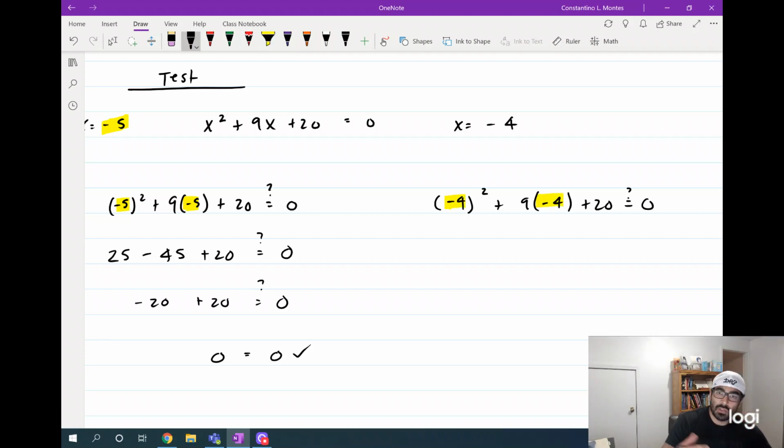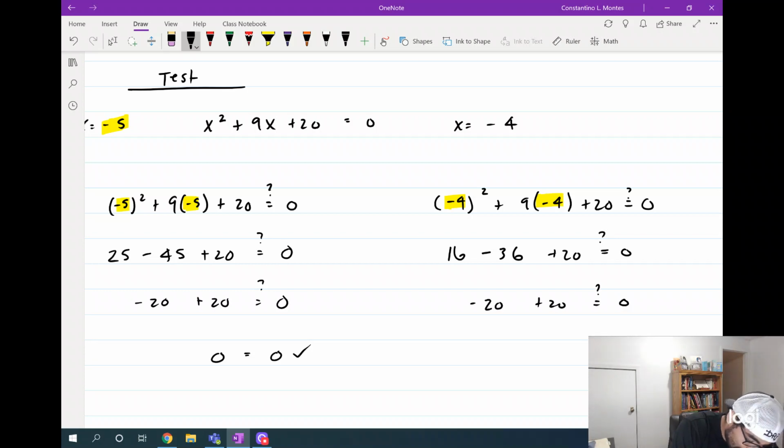Negative 4 squared means negative 4 times negative 4. That's positive 16. 9 times negative 4 is negative 36, so that'll be plus negative 36 or minus 36. And then we have plus 20. Does that equal 0? We don't know. That's why I put the question mark over the equal sign. 16 minus 36 is negative 20 plus 20. Does that equal 0? And sure enough, 0 does equal 0.